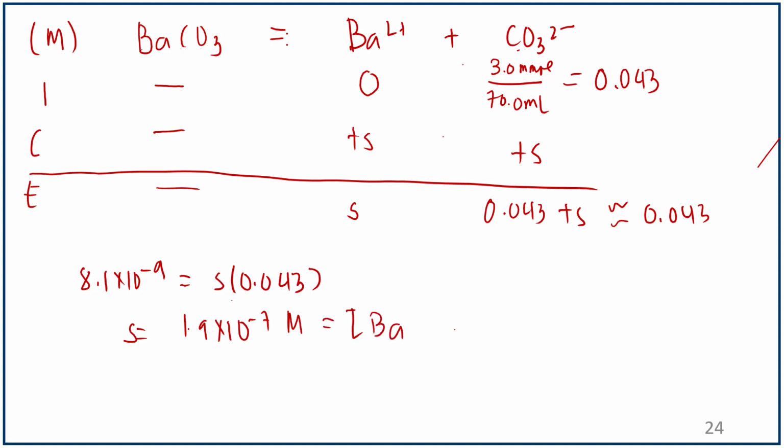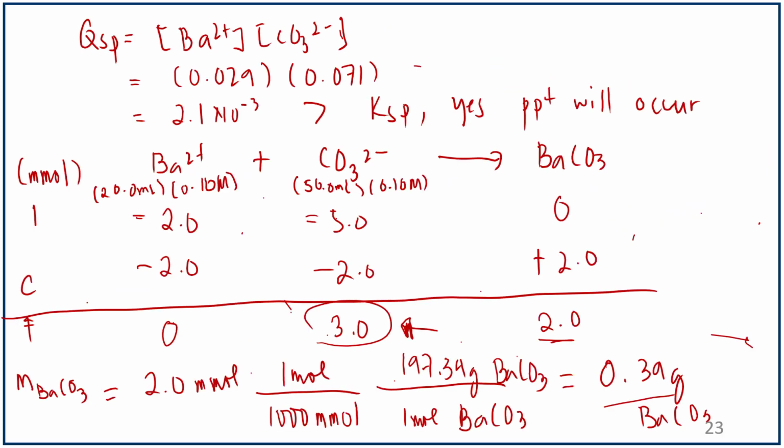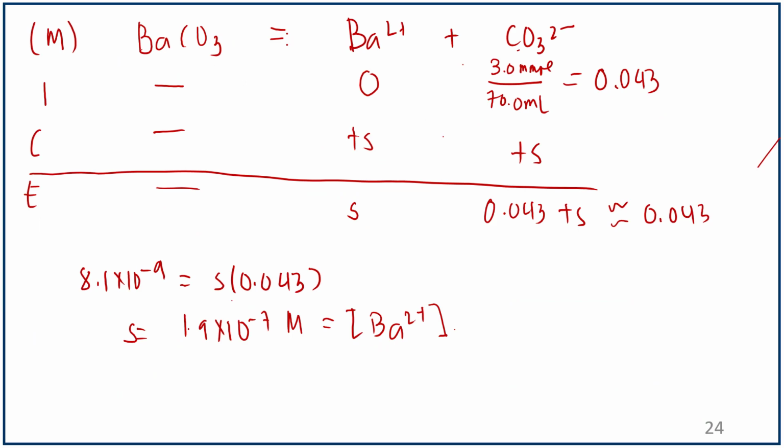So again, even though we did say it was 0 here, we know that there are some amounts of barium at equilibrium, in precipitation and dissolution, and that's basically this value. And then the amount of carbonate ions will just be 0.043. You can add this number, but it's going to be negligible anyway, so carbonate ions is equal to 0.043.